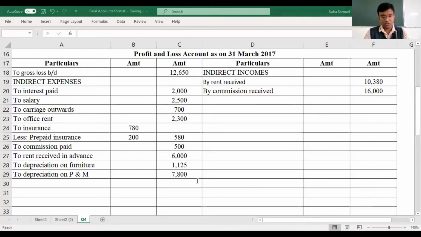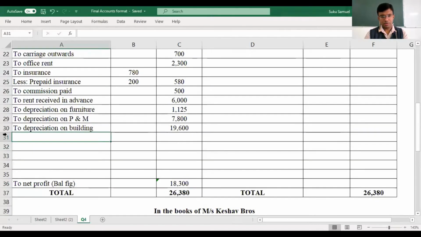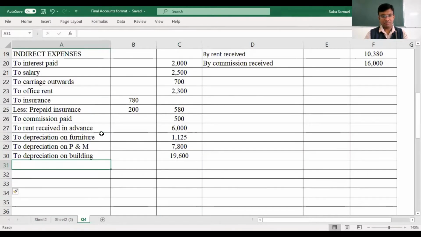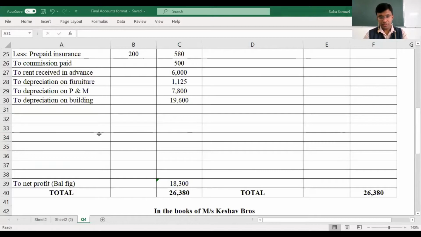Depreciation on building is at 7%, so 7% of 2,80,000 is 19,600. Those are the amounts with respect to the depreciation on the fixed assets.